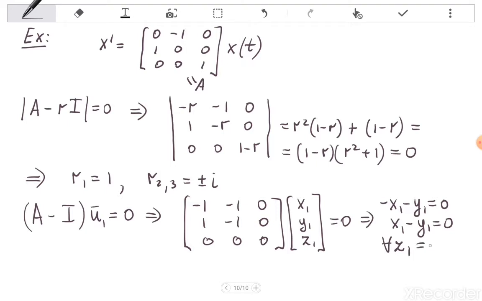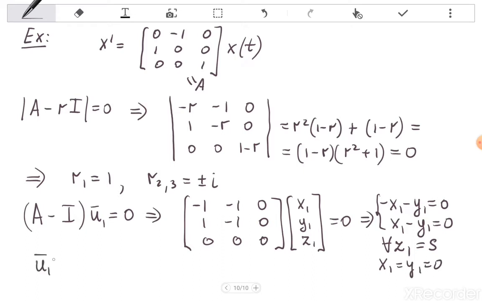But we have also z1, so it means that everything works for arbitrary z1, so for any z1. So let's say z1 to be our parameter s. And what do we have with this x1 and y1 system? If we add them, we get that y1 is 0. If we take the difference, we get that x1 is 0. So x1 and y1 are 0.